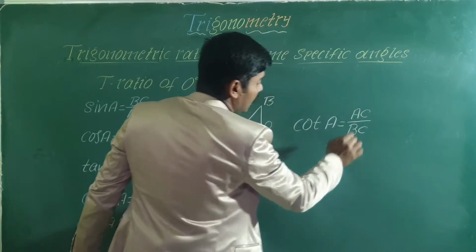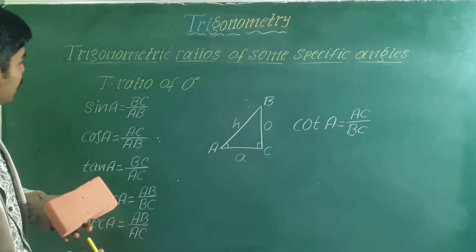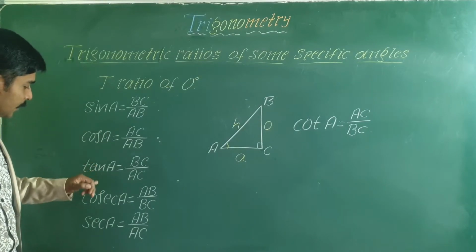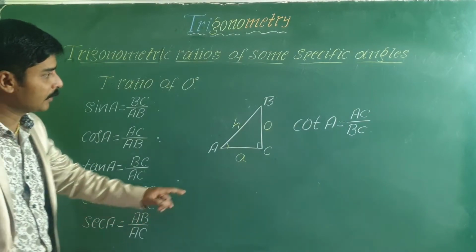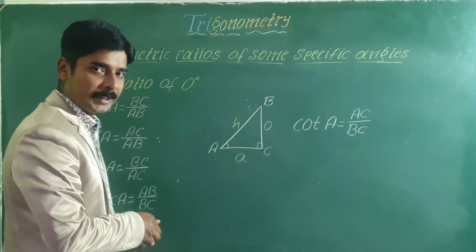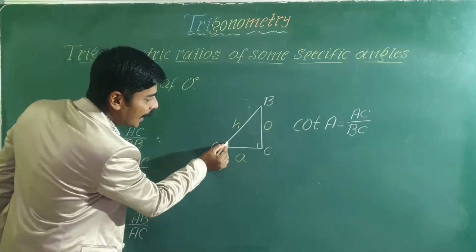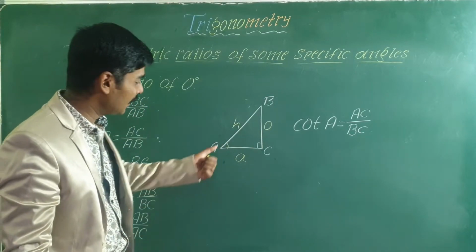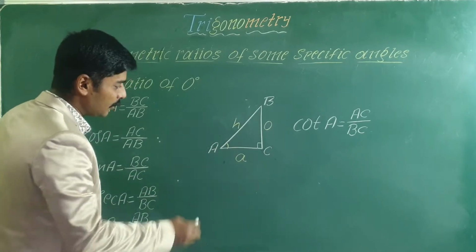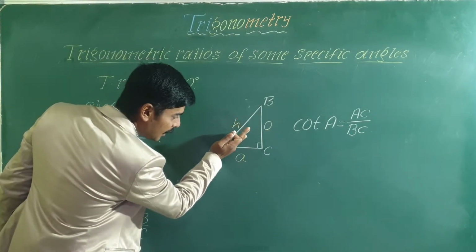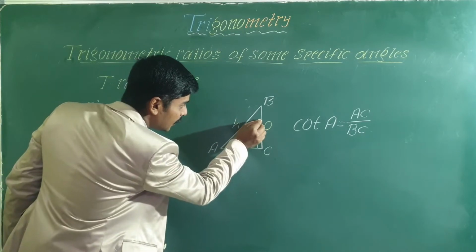Okay, now we must find the value of sin 0 degree, cos 0 degree, tan 0 degree, cosecant 0 degree, secant 0 degree and cot 0 degree. So what we must do here is, we must make this angle A equal to 0 degree. How can we make this angle A equal to 0 degree? We must go on reducing this angle A. We must make this angle A smaller and smaller, like this.